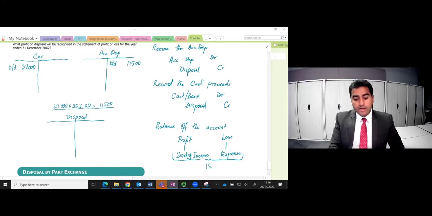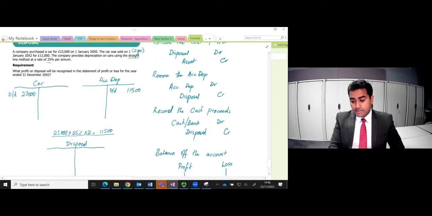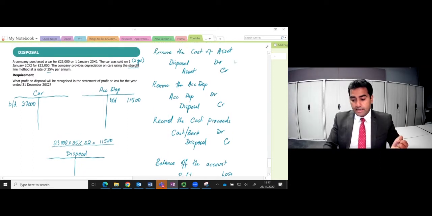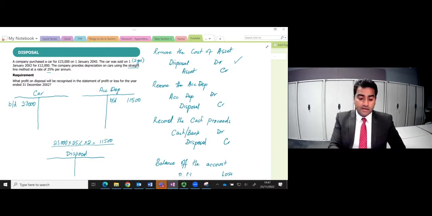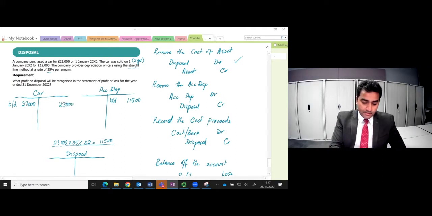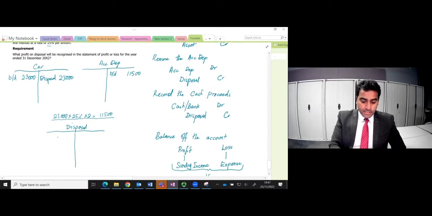Looking at the double entries, disposal account debit and asset account credit. So I'm removing the value of the asset from the asset account, so there is nothing left in the car account, and the balance will be transferred into the disposal account. The disposal account will be debit 23,000, car.